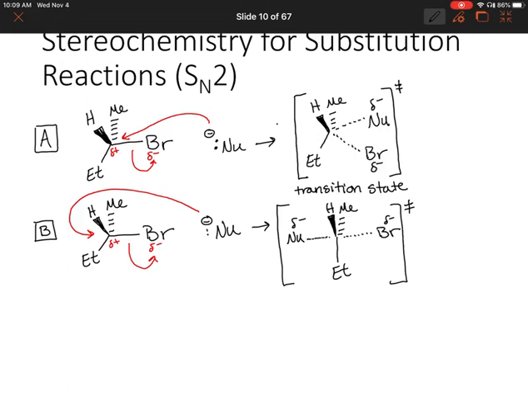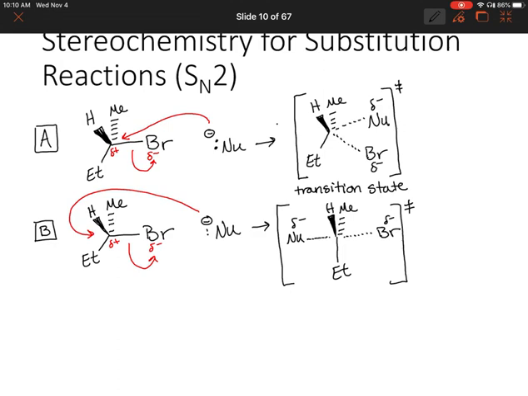So which transition state is more stable if we think about VSEPR theory? The second one, in example B, right? So the two partially negatively charged groups are opposite each other and they have more room. Whereas in example A, the nucleophile and the leaving group, which are both partially negatively charged, are kind of in each other's space, and they don't like that.